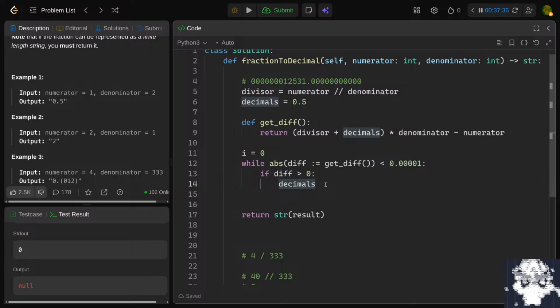So what I want is, if diff is too big, that means decimals was too big. So in this case, you subtract 0.5 to the power of I, right?